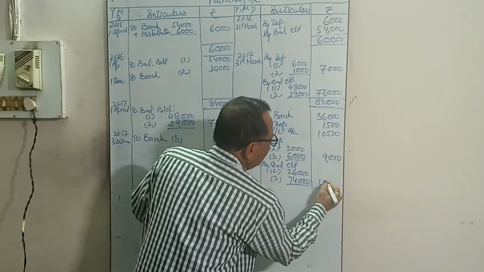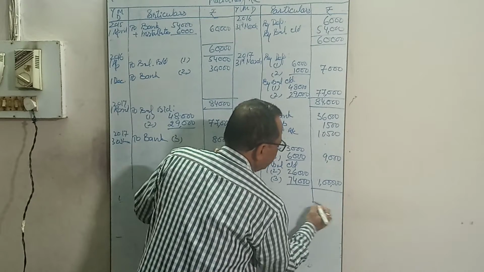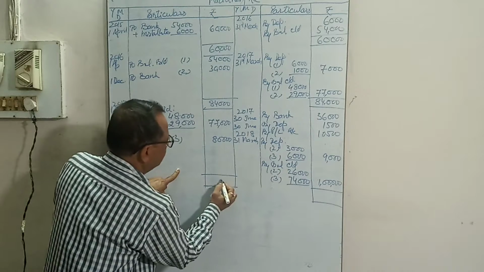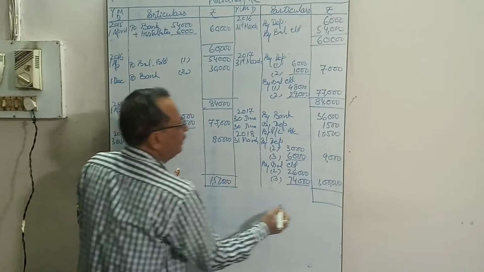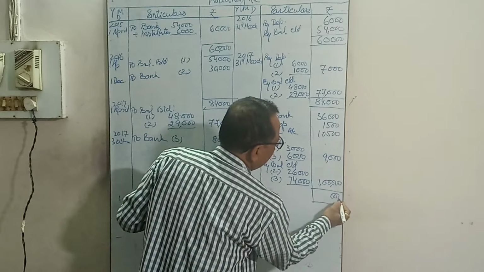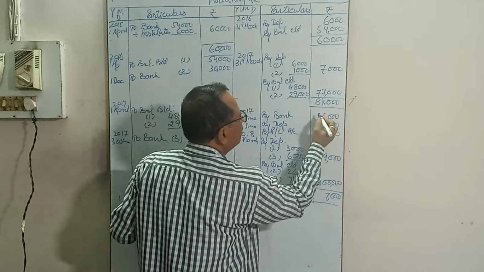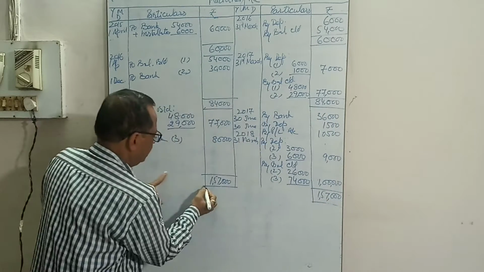Total 1 lakh remains in hand. The balance of machinery. Close this account. 1,57,000, and this is also 1,57,000.